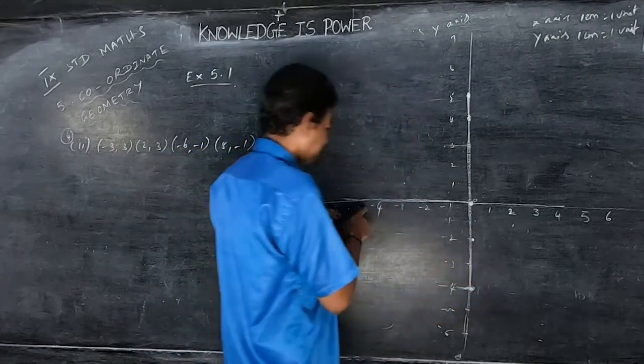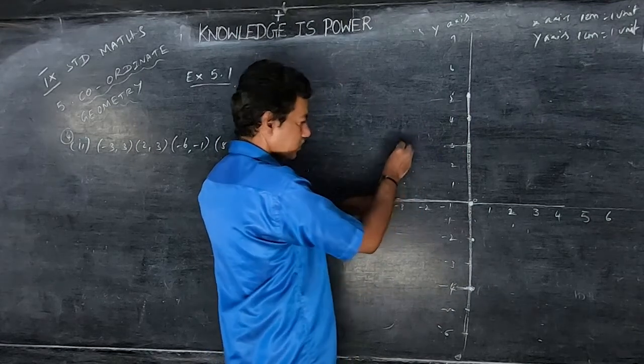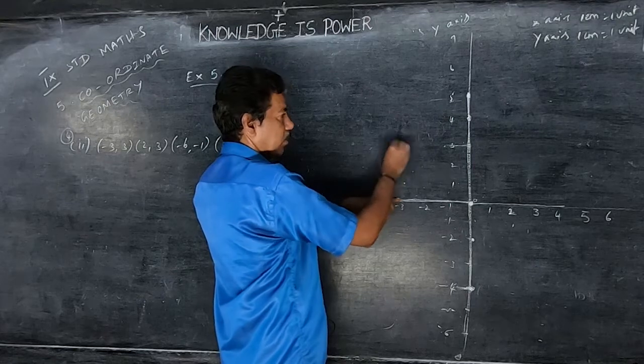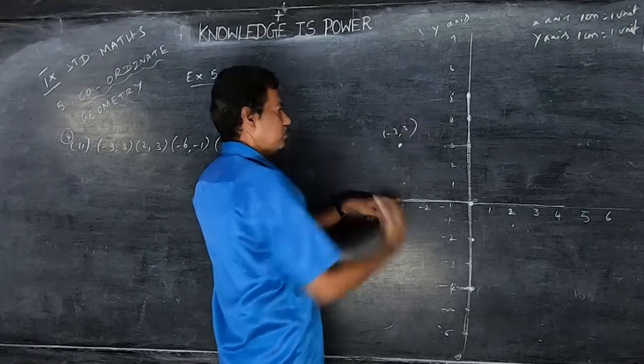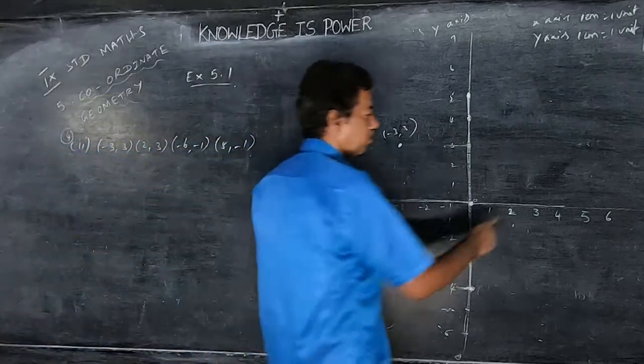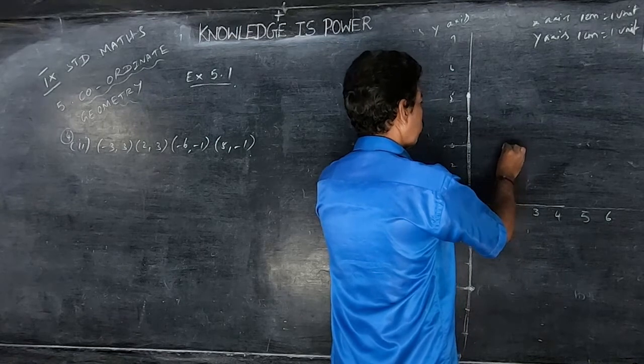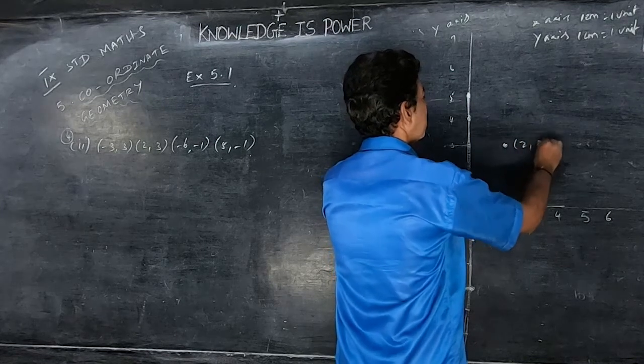X-axis will be minus 3, Y-axis will be positive 3. Place it here. This is the place where minus 3, 3. Is it clear? Second one, 2, 3. X-axis will be 2, Y-axis will be 3. So this is the place where you have to mark the point 2, 3.